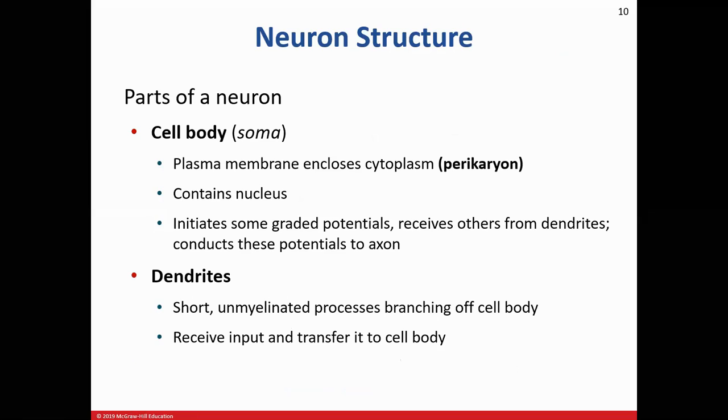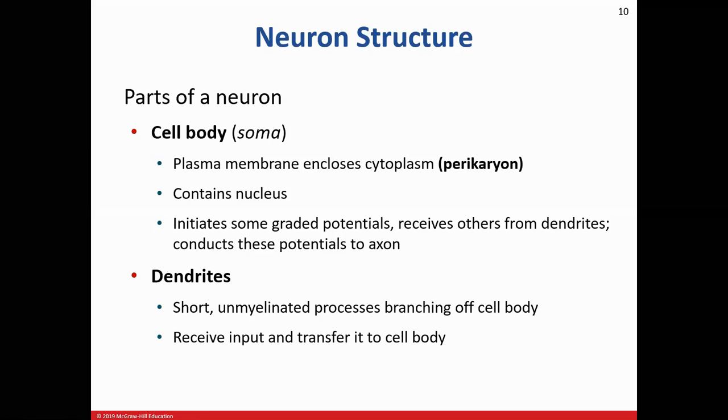So let's start taking a look at the neuron itself. When we look at a neuron, we have several significant parts of that neuron. The first one is the cell body. Now, another name for a cell body is called a soma. Now, just like all other cells, we have a plasma membrane in this particular instance, and it encloses the cytoplasm just like most all other cells.